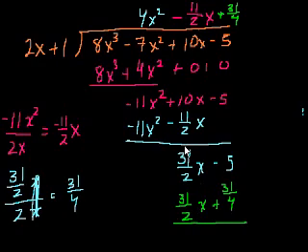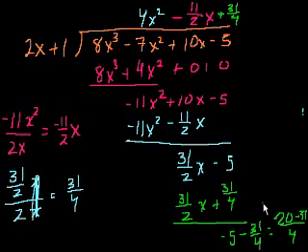When you subtract this from this, you're left with 0, so nothing shows up there. And we're left with minus 5 minus 31 over 4. And we can just do a little bit of fraction work here. That's equal to minus 5 is minus 20 over 4, minus 31, all of that over 4. Minus 20 minus 31 is equal to minus 51.